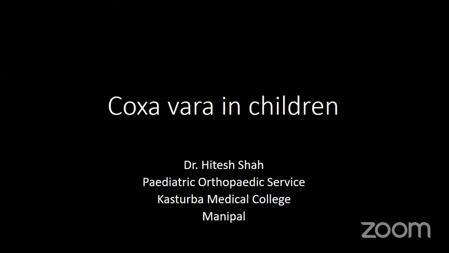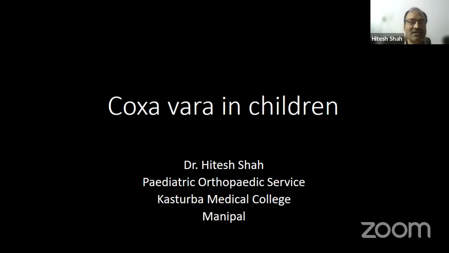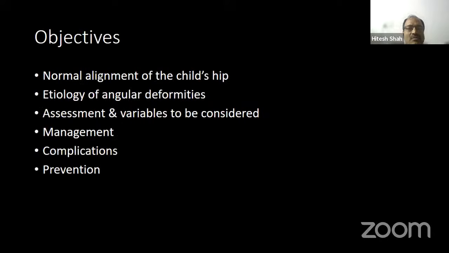Okay, coming to my topic, the Coxa Vara in children. It's very commonly asked in the postgraduate MS Ortho and DNB examination, so I have prepared the talk according to the MS Ortho and DNB examination.